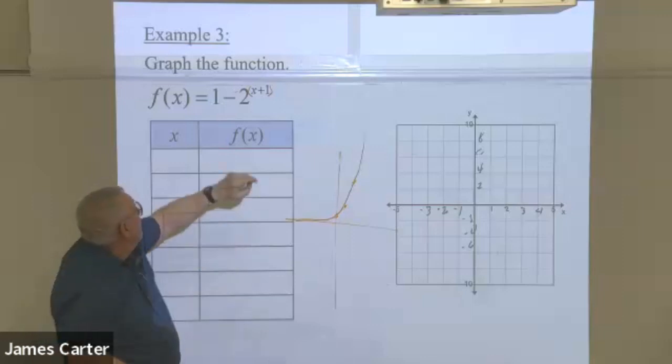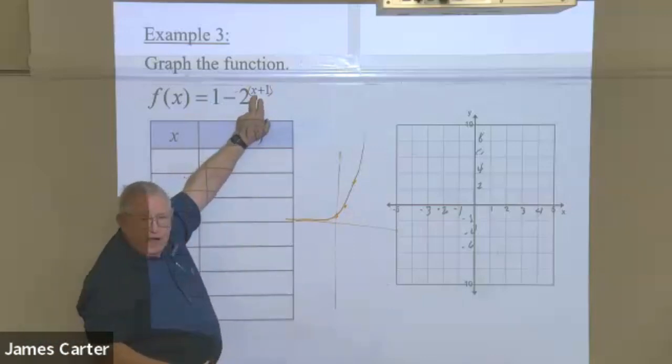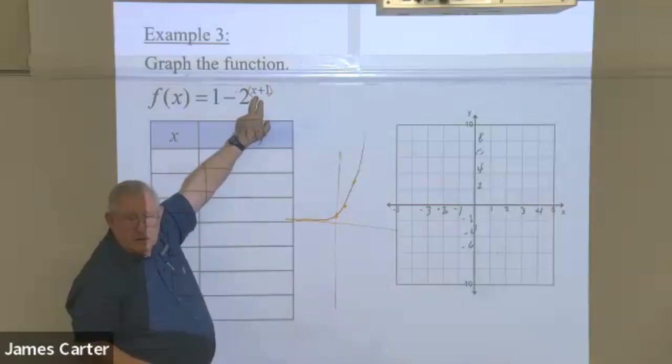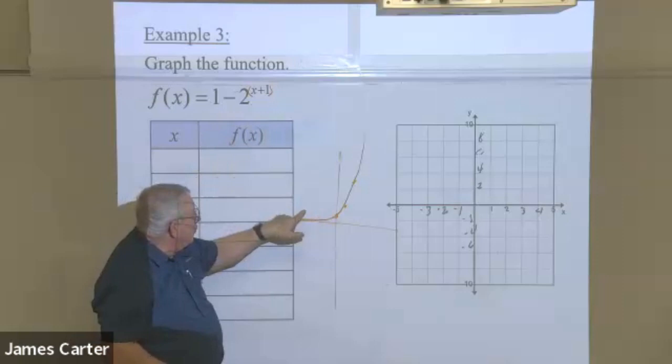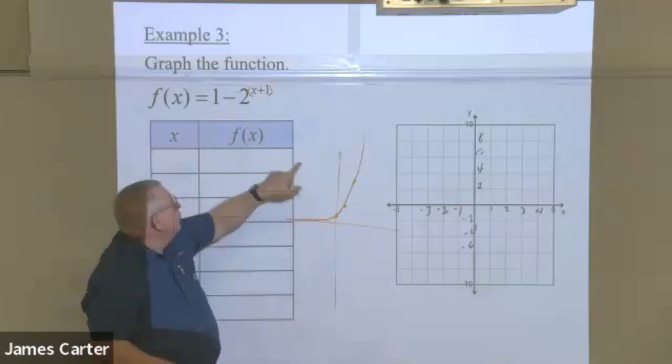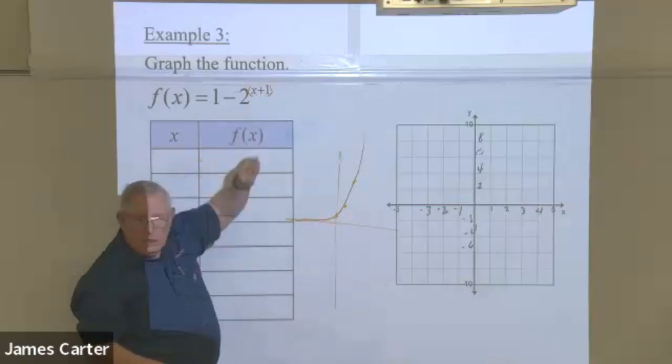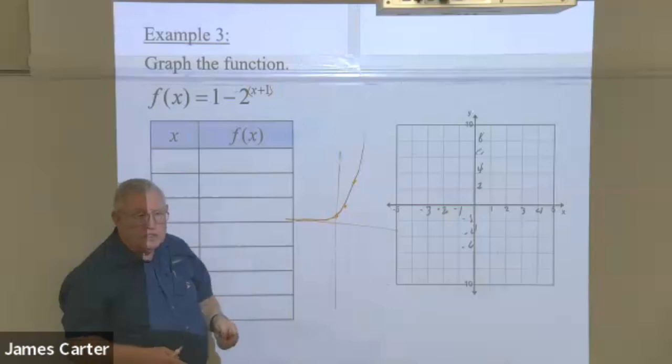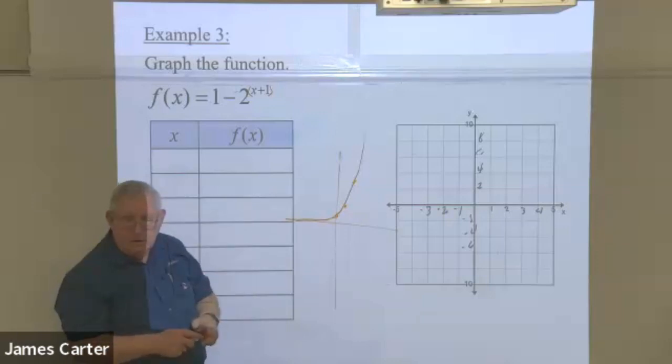Okay, I have a modifier with the x. That means that I'm going to have a shift in every one of these x values, left or right, and in this case, left, because it's always opposite sign.